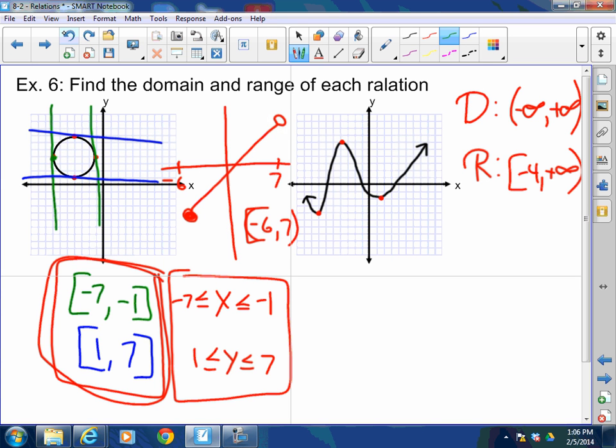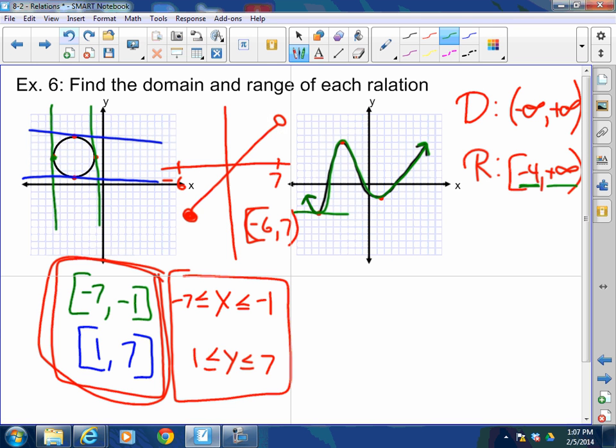What's my lowest possible y value here that's on the graph? Right here, right? And then doesn't that go up from here forever? And then it goes up to this peak, comes down, but then doesn't it go up forever? So it goes from negative 4 all the way to positive infinity.